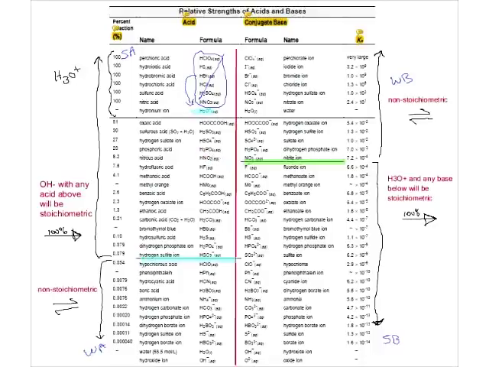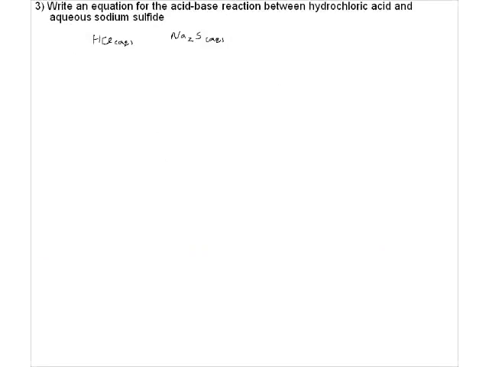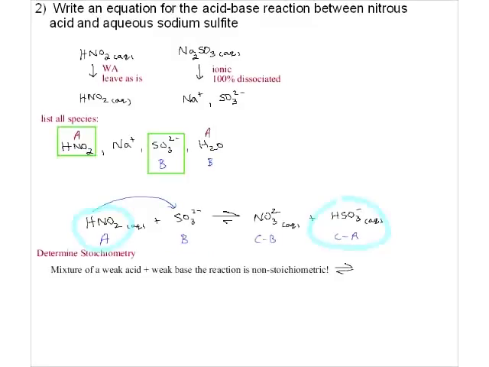There's nitrous acid, and HSO3 minus is right here. So which is the stronger acid? Nitrous acid.